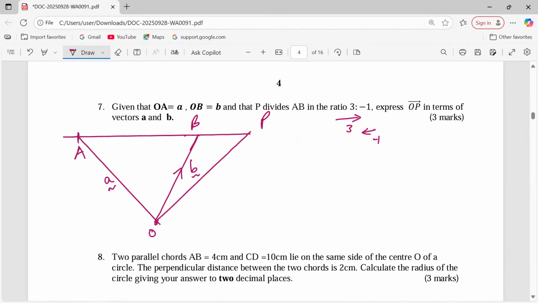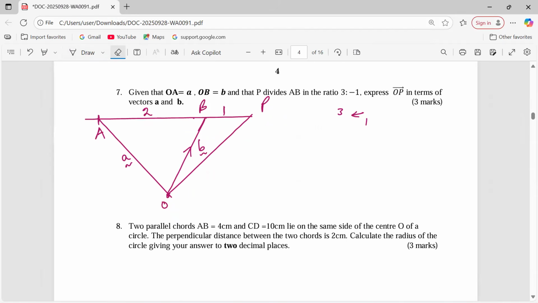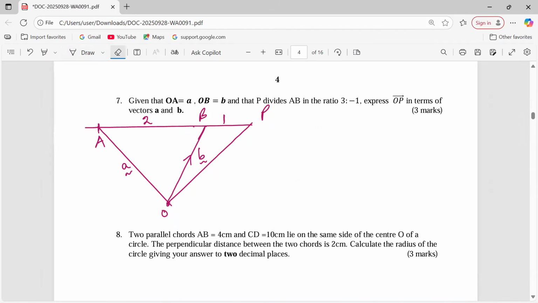So when you move 3 and 1 backwards because of the negative division, it means we have 1 proportion here and there remains 2 proportions at that point, simply because from A to P we add 3 and we are getting back 1 more division. Therefore, B now can be treated as an internal divider of AP in the ratio 2 is to 1. That way. So that's how we analyze an external division, or rather ratio theorem, when the ratio has a negative.